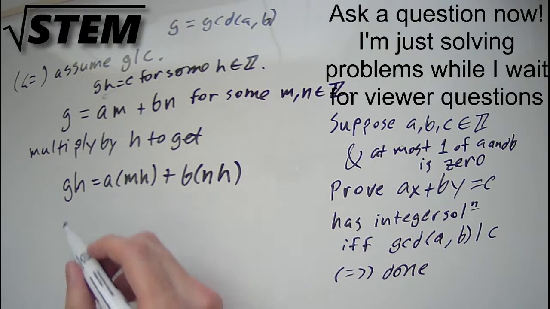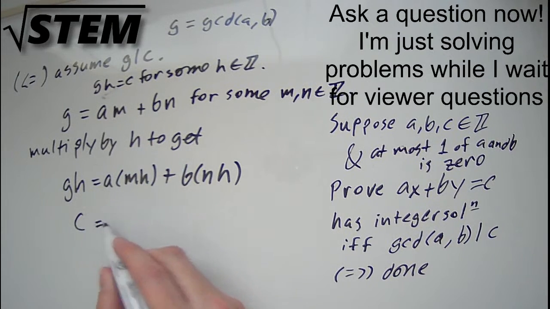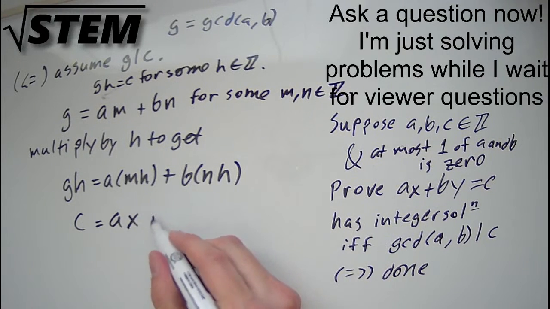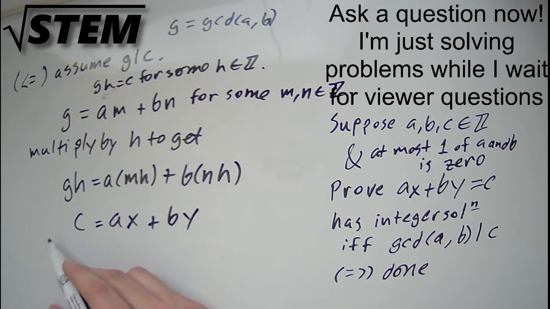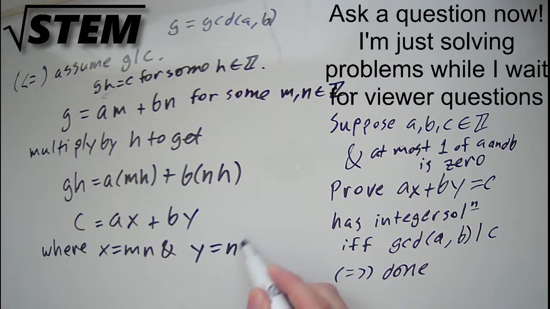The left-hand side is c by our assumption that g divides c. And now we can just define x and y to be whatever is multiplying a and b. So that proves it the other way.